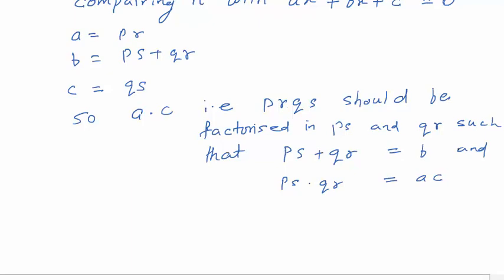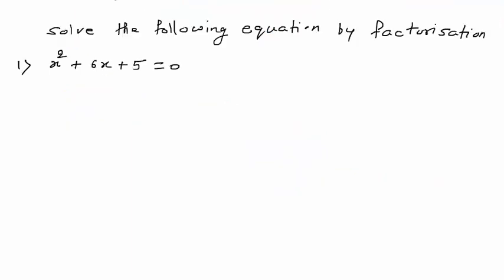Now let us solve some problems so that we understand what we are talking about. So here we have the first problem, x square plus 6x plus 5 equal to 0. Now if I compare this equation with ax square plus bx plus c equal to 0, I get a as 1 and c as 5. So I will multiply a and c, that is 1 into 5, and will factorize it so that their addition will give me 6.